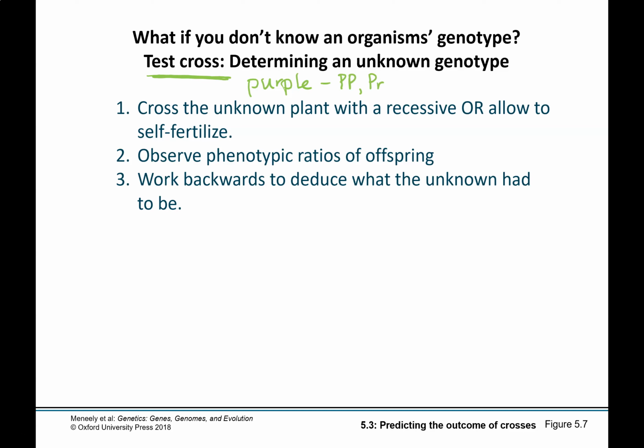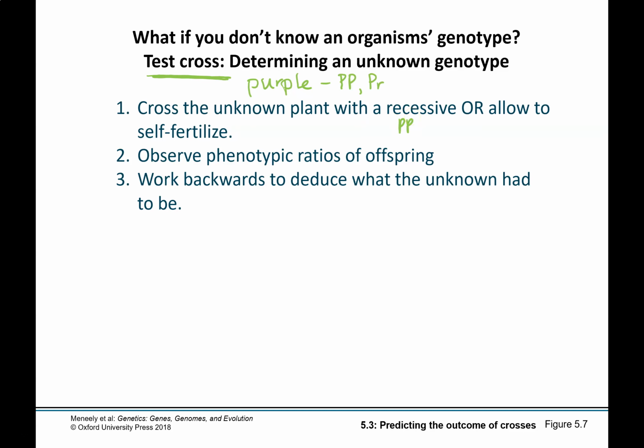So you want to know what that purple is. In a test cross, we can cross the unknown plant, in this case the purple one, with a recessive. So in this case, the recessive would be a white plant.